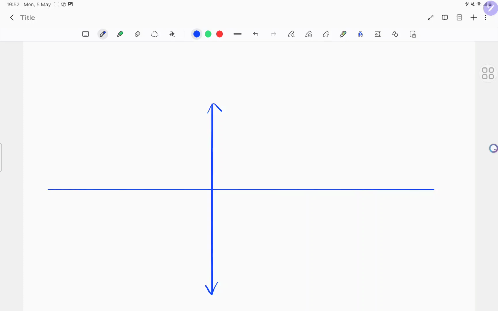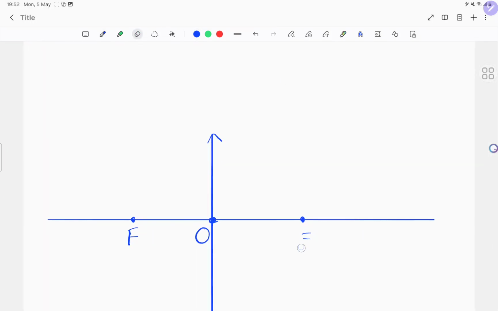And for a lens, you got 2 points, 2 foci. One here and one here. And you got the optical center right here. And don't forget that these 2 F's are equally far from O.